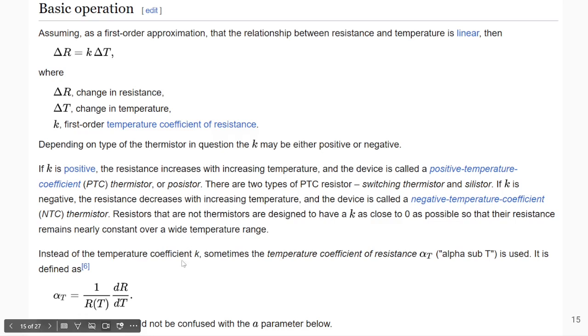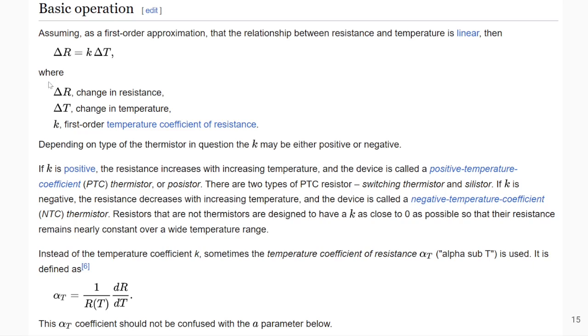It's beyond this course, but for you to be really clear that this is the basic operation, and sometimes the alpha T term can also be utilized relating to thermistors.